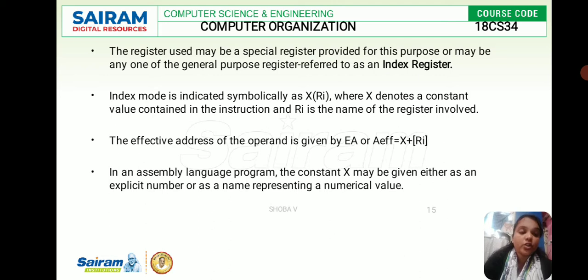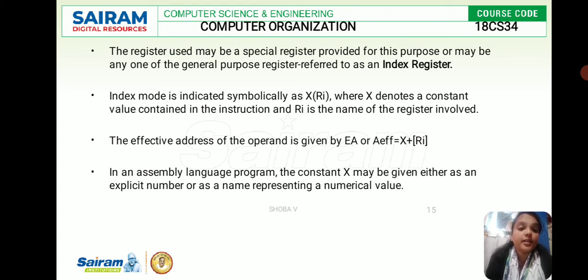A special register is provided for this purpose, or it may be one of the general purpose registers, referred to as the index register. By using this index register, we can access whichever data we need at any time. It is indicated symbolically as x of array, where x denotes a constant value contained in the instruction.